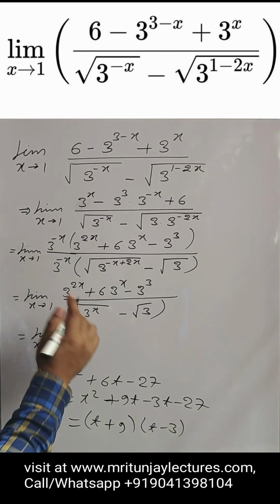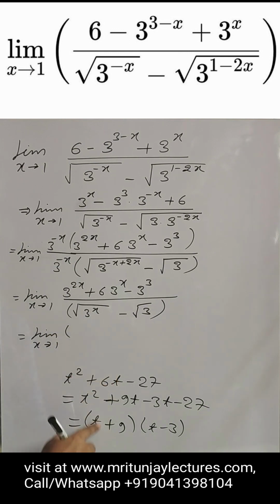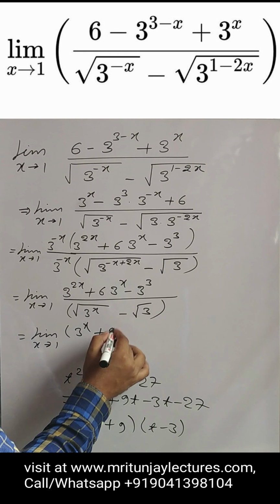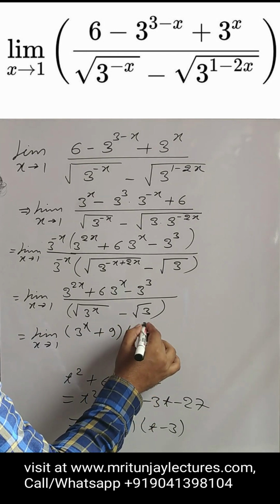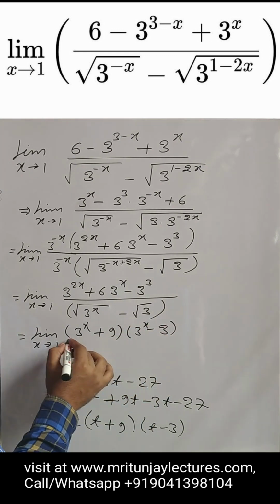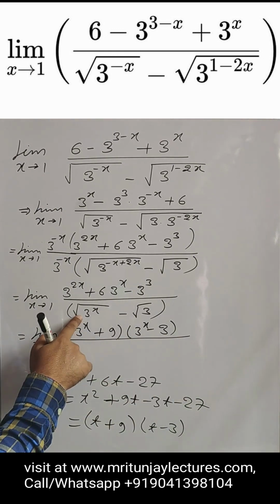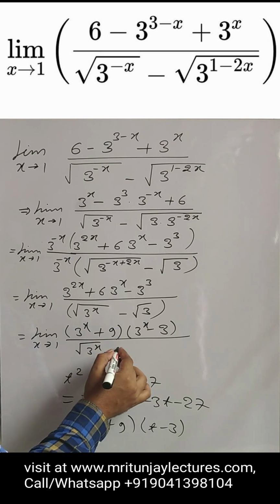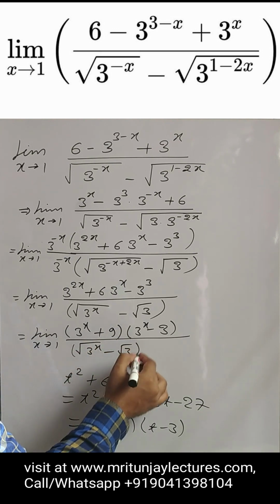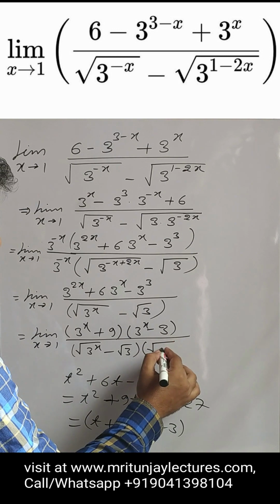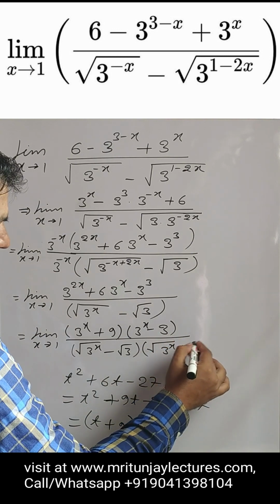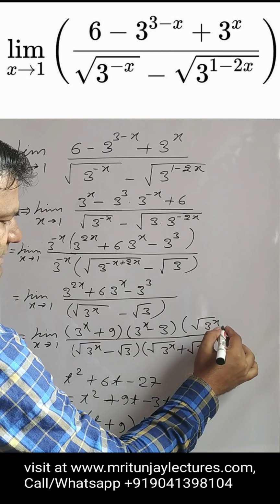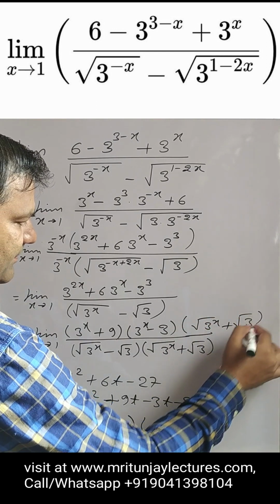Okay, so this part is written as, t means 3 to power x, 3 to power x plus 9 into 3 to power x minus 3, divided by this one, which is written as 3 to power x minus root 3. If we rationalize with 3 to power x plus root 3, here 3 to power x plus root 3.